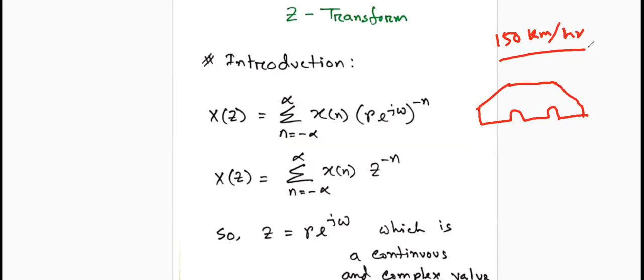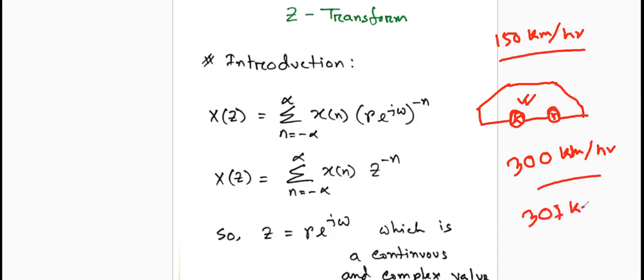What is your input? The input is acceleration. And which one is your system? The car is your system. Now when you are giving more and more acceleration, and you reach very close to 300 kilometers per hour, you find that the system is very close to an unstable situation. For a small change like 301 kilometers per hour, your system is fully unstable.